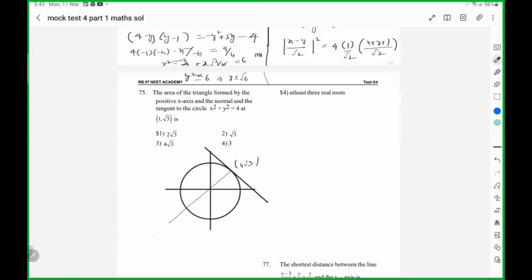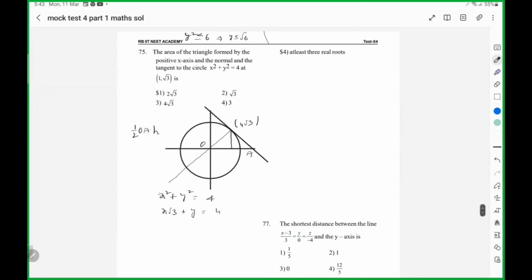So now here you have to find the perpendicular, so that once you know the tangent, half into OA into H will give you the area of the triangle. Here you have a circle, x root 3 plus y equals 4.